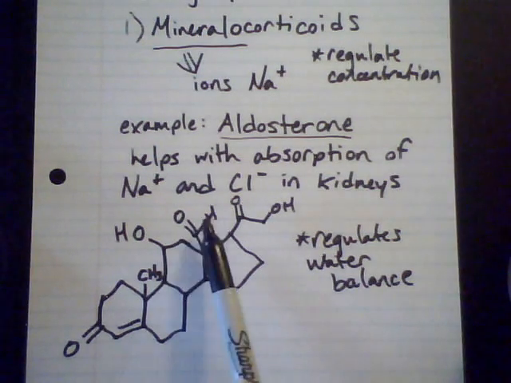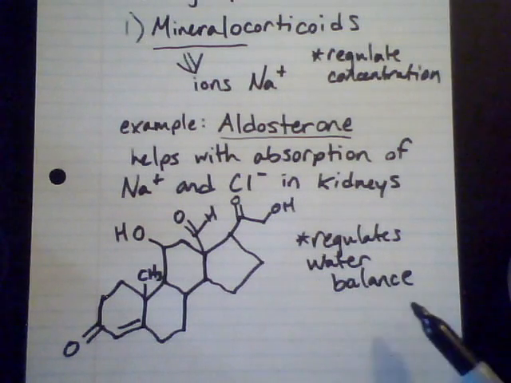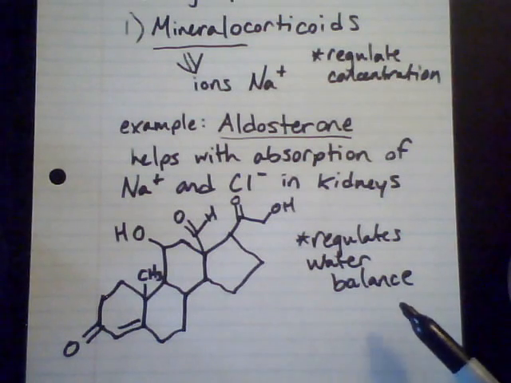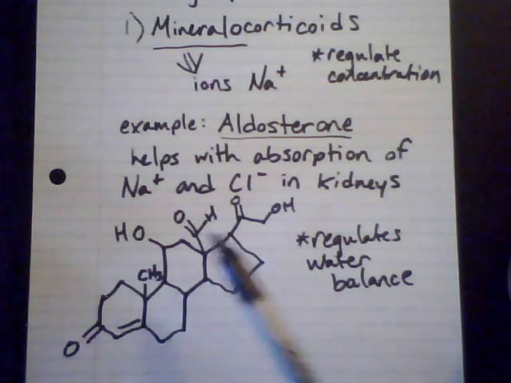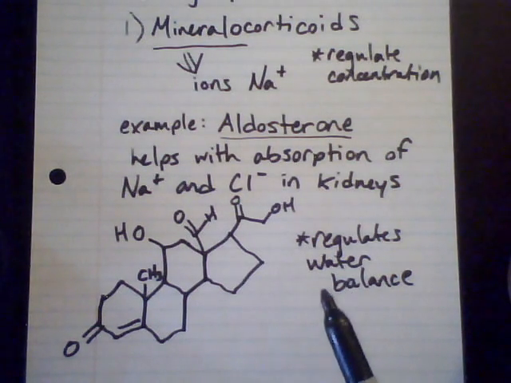Or I'm going to eat more salt and that's going to help to reabsorb some of the water. Well, this is the molecule that helps you do that because it's allowing water to move from one area to another based on how much sodium and chloride you have in your kidneys, and the flow of these ions is going to be based on how much water is present, and that happens through osmosis and a couple other processes. So we'll get into that a little bit later, but that's aldosterone.